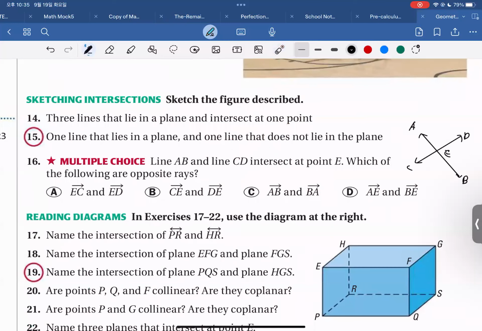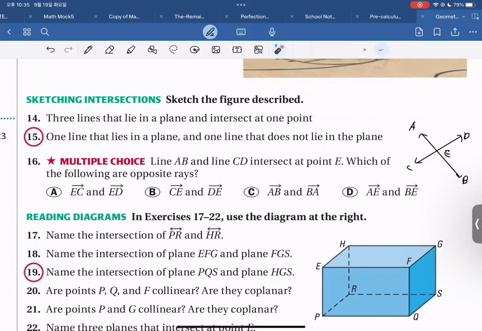But if you want to show opposite rays, I think in this case these two relationships would work. Let's look at EC and ED, which are indeed opposite rays. CE and DE also are. If you look at AB and BA, they're not opposite rays because they're basically the same line.